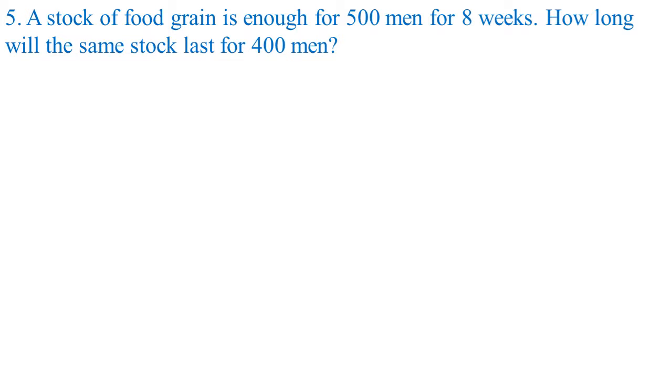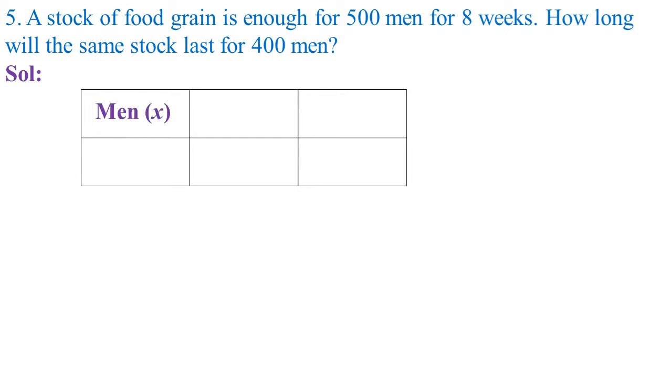Next, a stock of food grain is enough for 500 men for 8 weeks. How long will the same stock last for 400 men? Solution: given men and weeks. Let's take x and y.